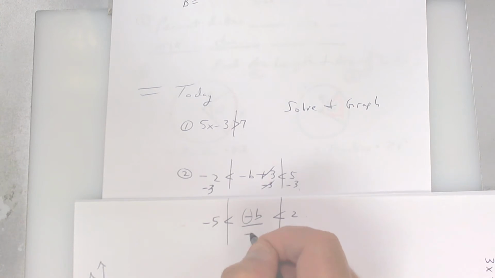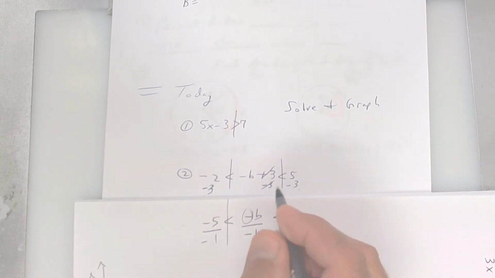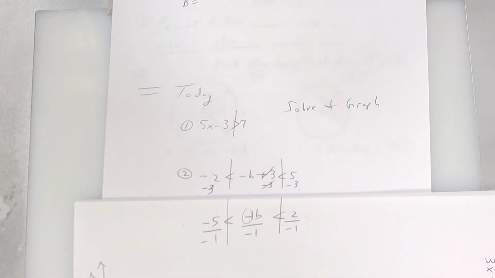Okay? Divide by a negative 1. When you divide by a negative, you have to change the direction of the inequality. So this inequality becomes now greater, and make sure you change it if you multiply or divide by a negative. Double negative's a positive, and this one right here is going to be a negative 2.